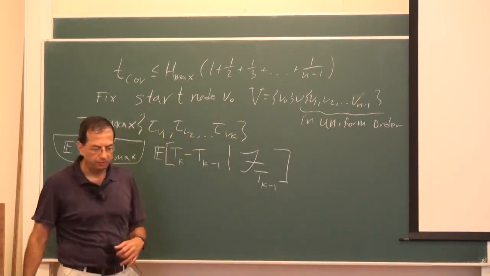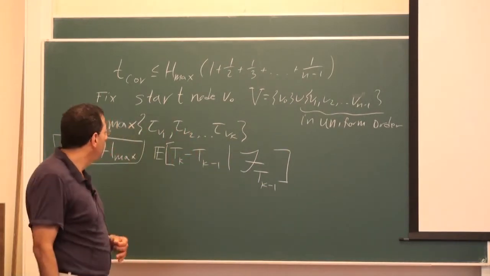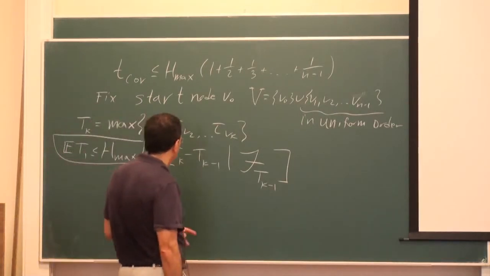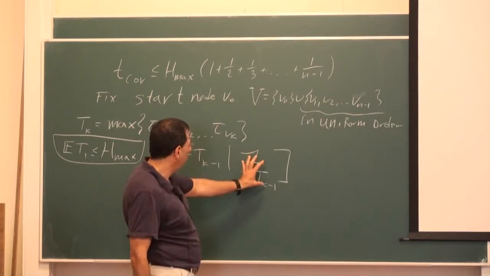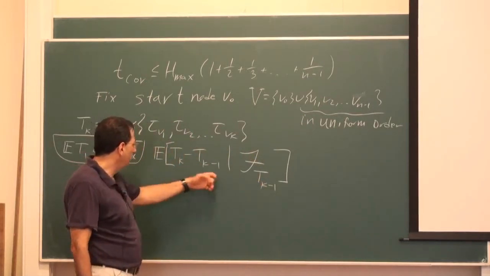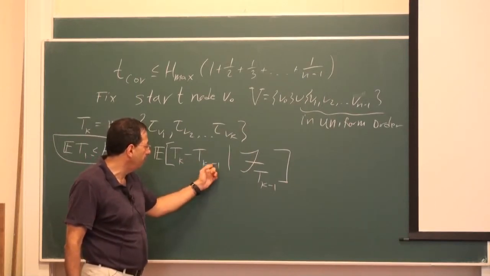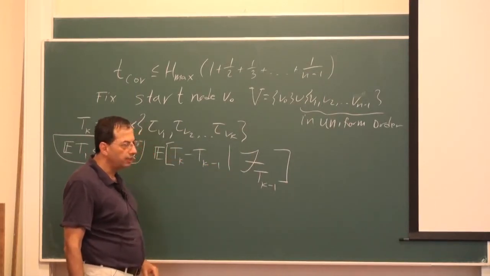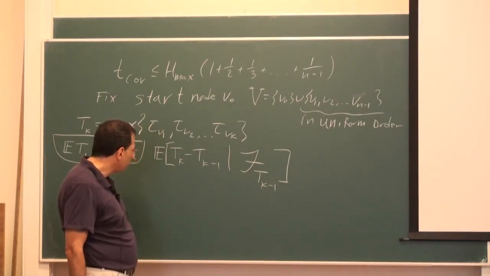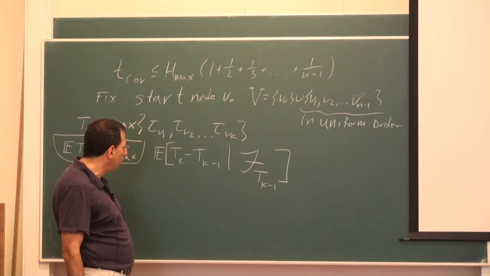This is the sigma field of all events that are measurable with respect to the process until time T_{k-1}. We're conditioning on it and looking at the expected time; of course T_{k-1} itself is measurable here, but then we're looking at the additional time until T_k.